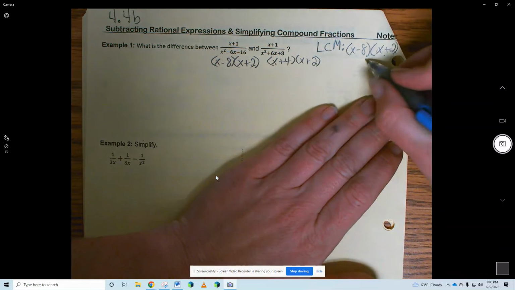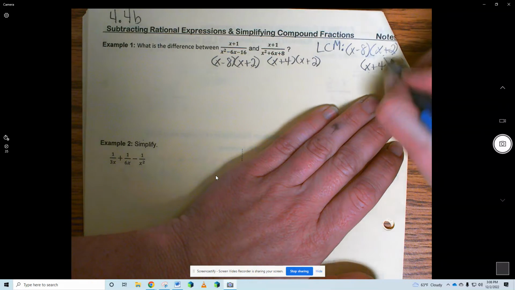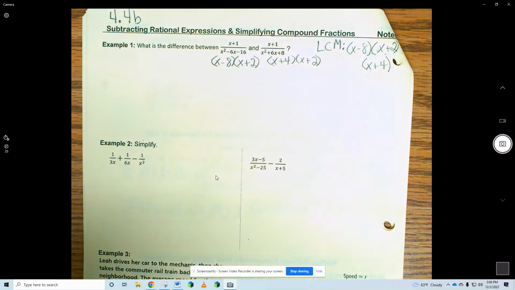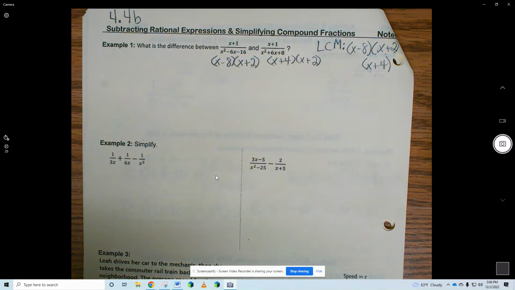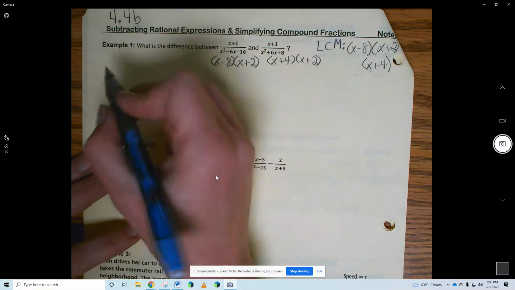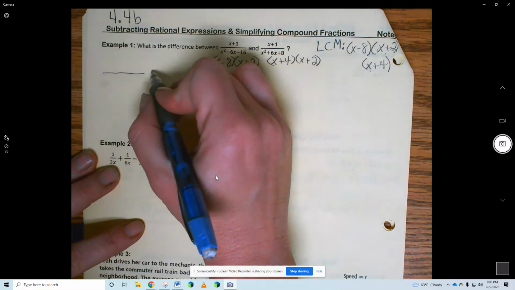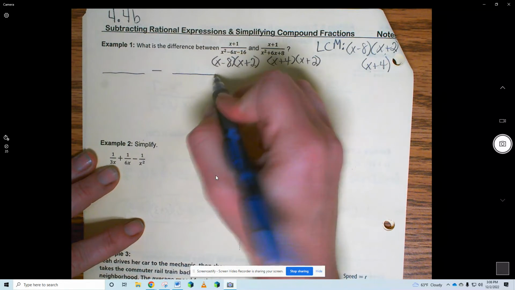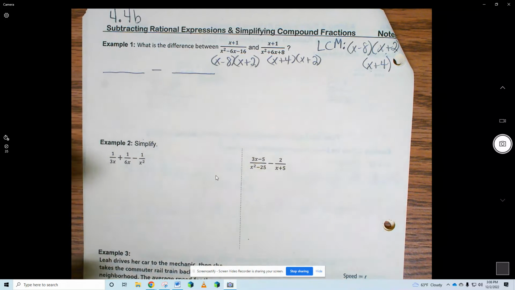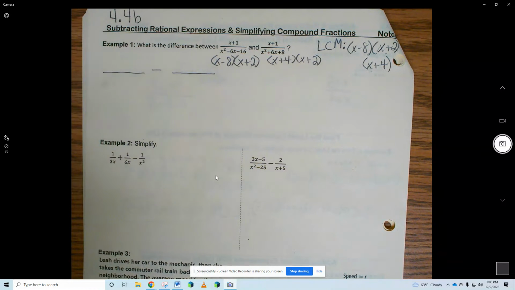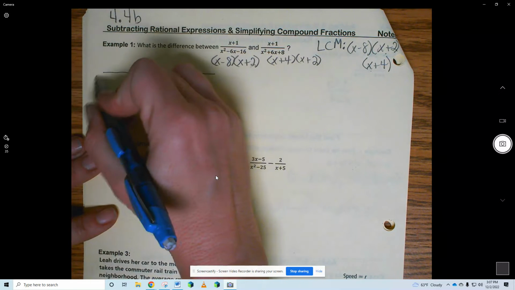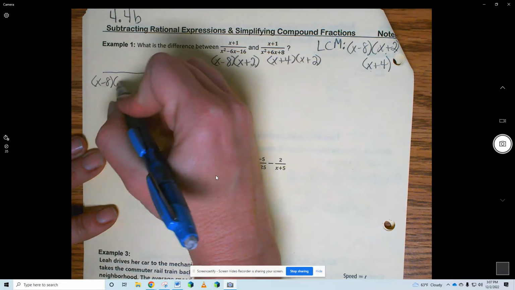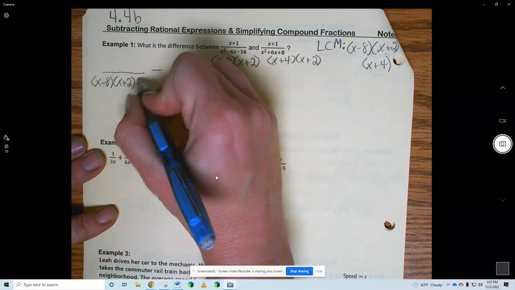So that is going to be my third parentheses in my least common multiple, my common denominator. All right, I'm going to make two new fractions with a subtraction sign in between. My LCM is going to be all three, x minus 8, x plus 2, x plus 4.